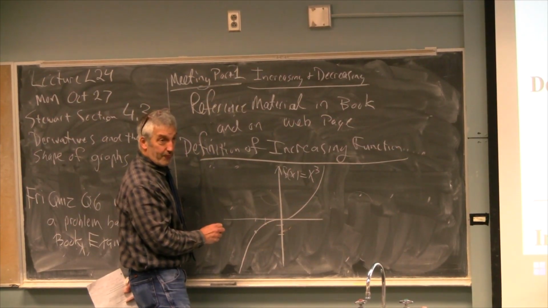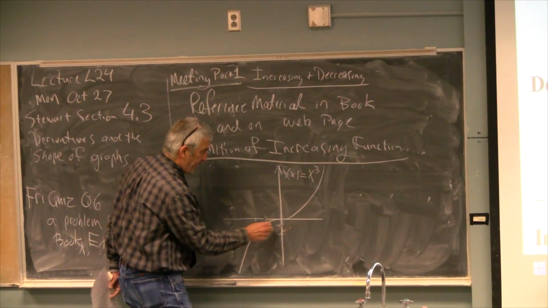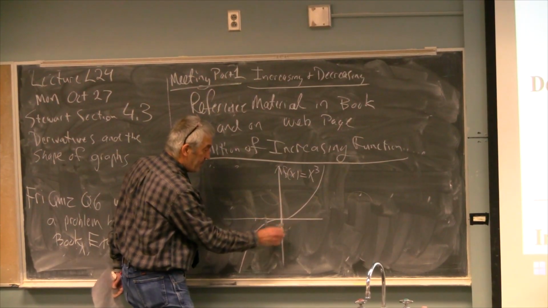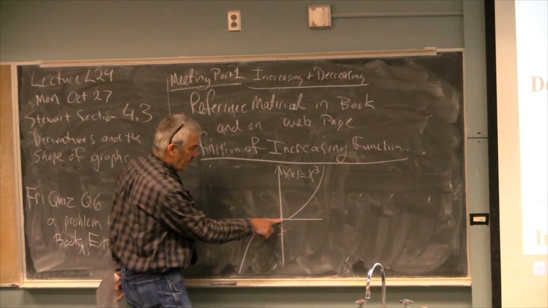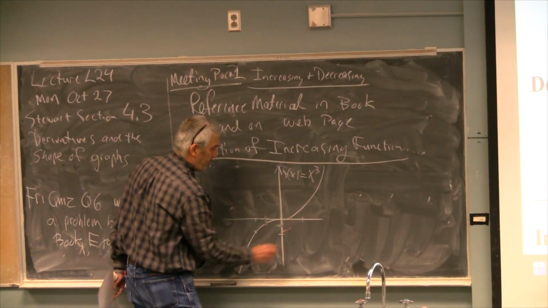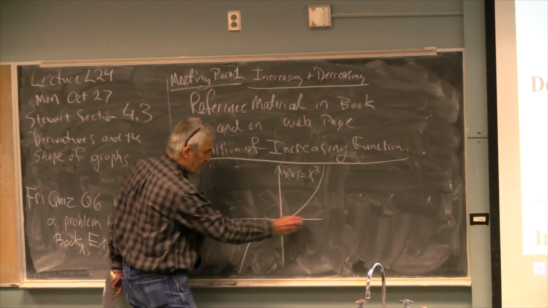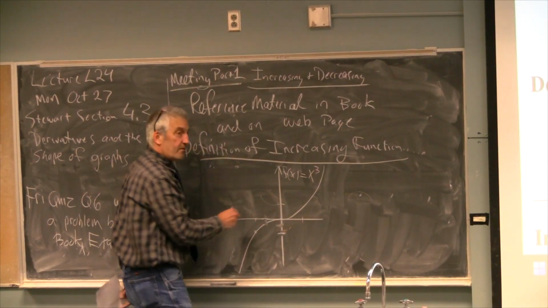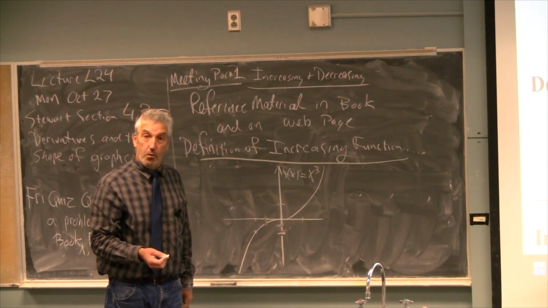On the other hand, if I pick that as my x value and this point right in the middle, again, the y value went up from here to here. Or if I pick an x value that's maybe over here and an x value that's way over here, then the y value goes up from down here to way up here. So this function is definitely increasing, and it's increasing on the whole number line.